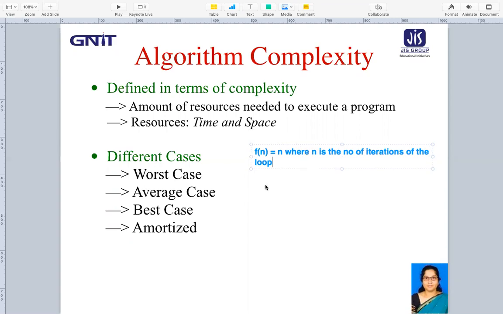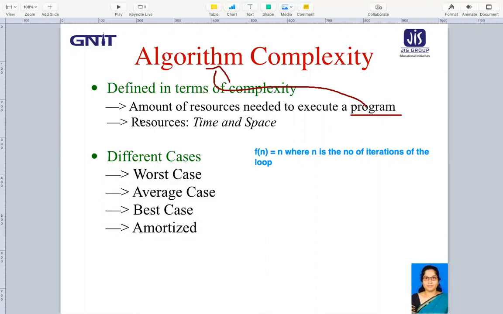Now we are going to represent that complexity in terms of more standard notation, and before that, let us know what is meant by complexity. So complexity typically means the amount of space and time required to execute a given program. When I talk about a program here, it typically means the algorithm, because from the algorithm we are going to write the program code.